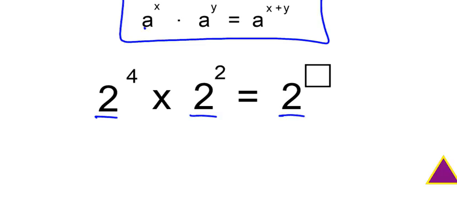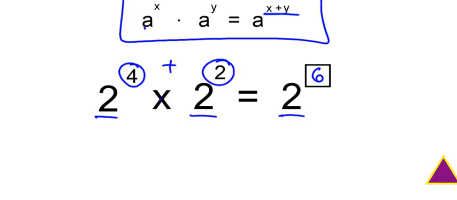What's going to happen next? The real math comes with our exponents. When we're multiplying two numbers with the same base that have different exponents, in the end I'm going to add those exponents together. And that's what's highlighted right here. So 4 plus 2 equals 6, and I come away with an answer of 2 to the 6th power.